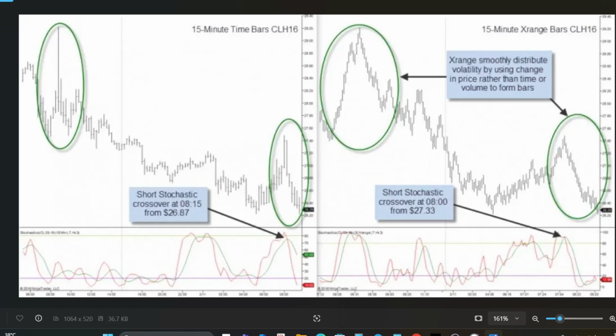But here is where it gets interesting. The size of the bars also plays a crucial role. When you notice larger bars, they represent stronger price movement, while smaller bars indicate weaker moves.